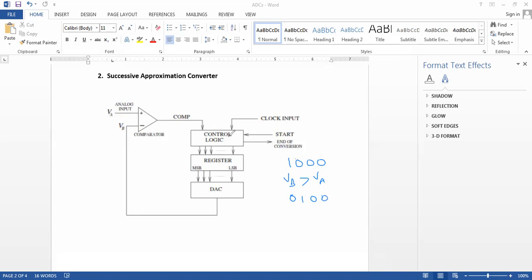And that makes the control logic clear the second most significant bit to obtain 0, 0, sets the next most significant bit to 1, and then the least significant bit to 0 to obtain the code 0, 0, 1, 0. And this continues until VB is equal to or less than VA.